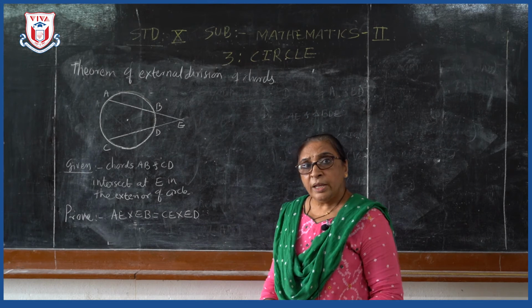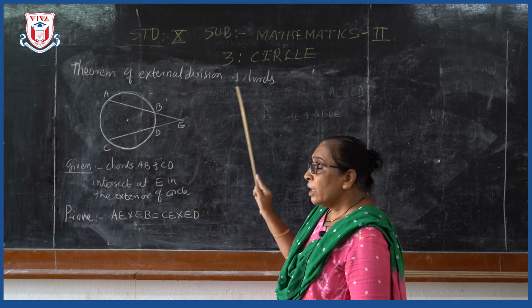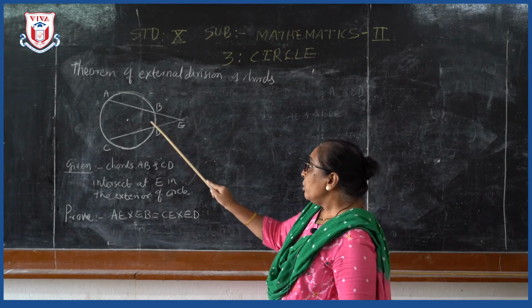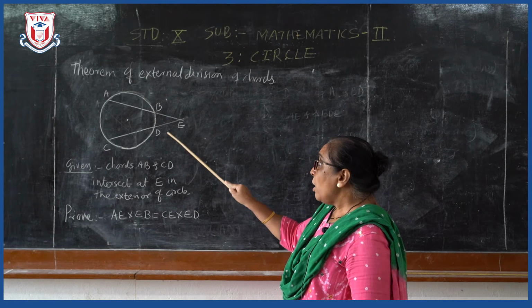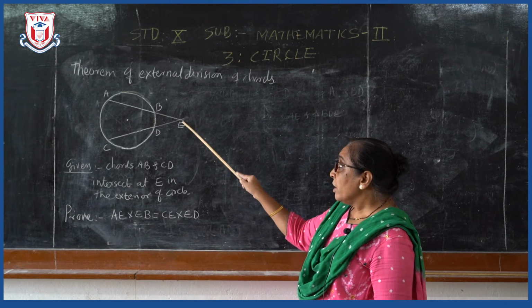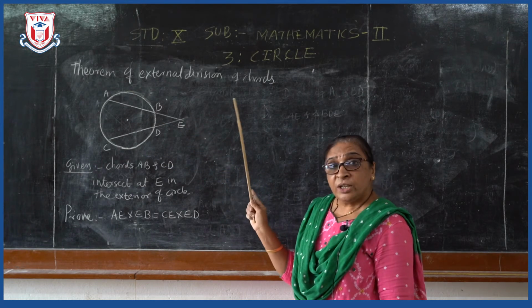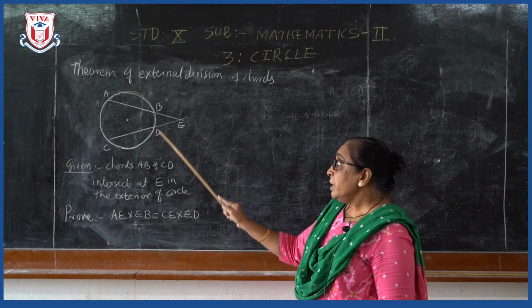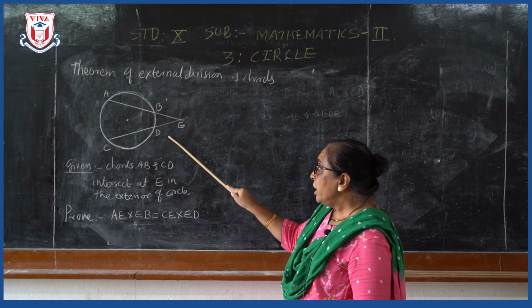Now the next theorem is the theorem of external division of chords. Children, here also AB and CD are the two chords, but see how they intersect each other in the exterior of the circle. So this type of division is called external division. That means A-B-E and C-D-E.